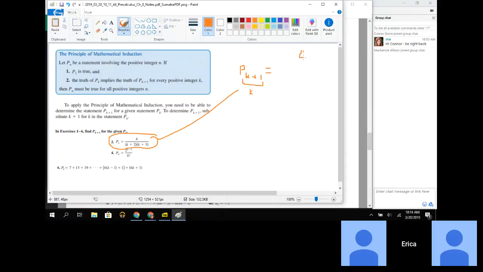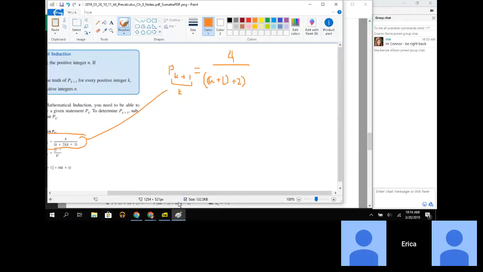So we've got 4 over, instead of k, we're going to write k plus 1 plus 2. I'm going to run out of room, aren't I? And then we have times k plus 3, but instead of k, we're going to write k plus 1 plus 3.